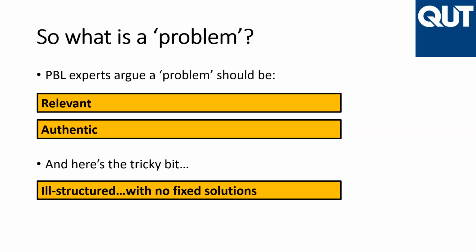And this is not unusual because in an authentic context, often when we have clients and they have a brief, they're not necessarily entirely specific about what they think the solution might be or what they actually even want. So you need to negotiate and you need to consider, basically do a problem analysis. And this is a very good skill to develop.